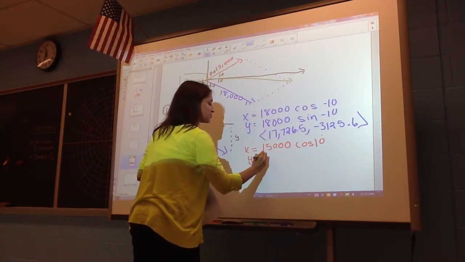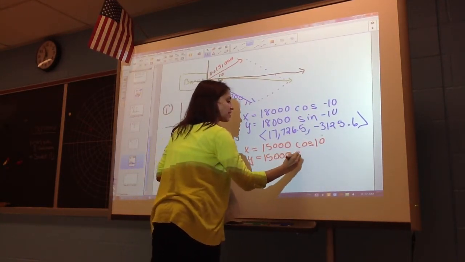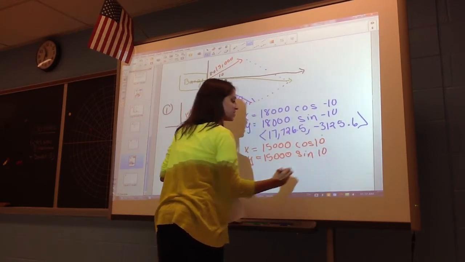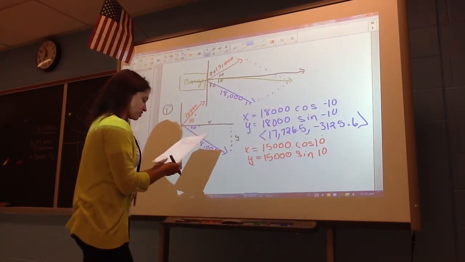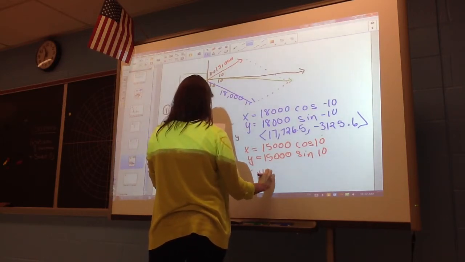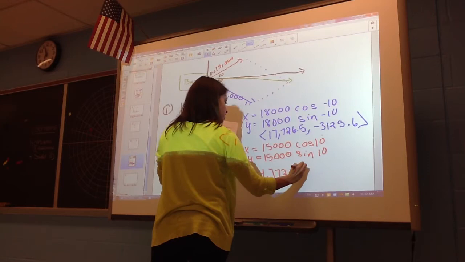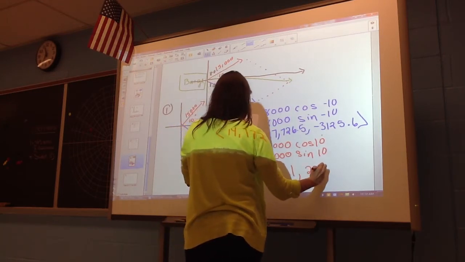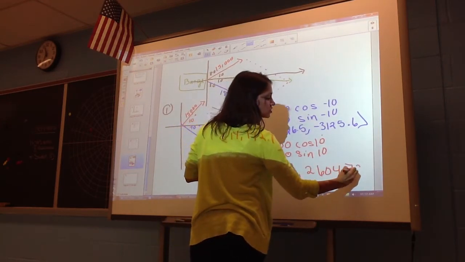Y will equal 15,000 times the sine of a positive 10 degrees, which gives us the components to be 14,772.1 and 2,604.72.